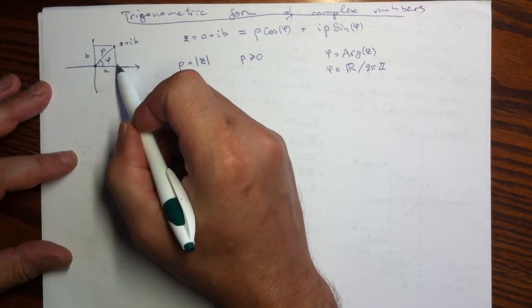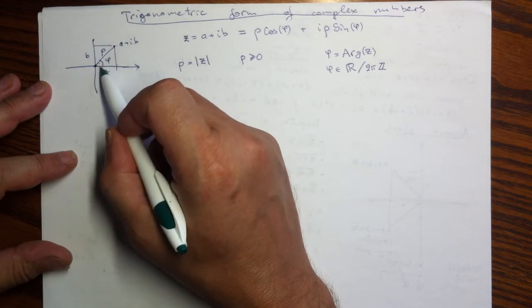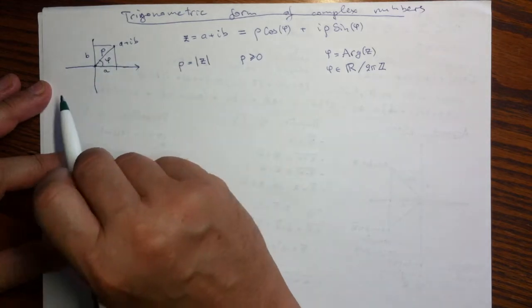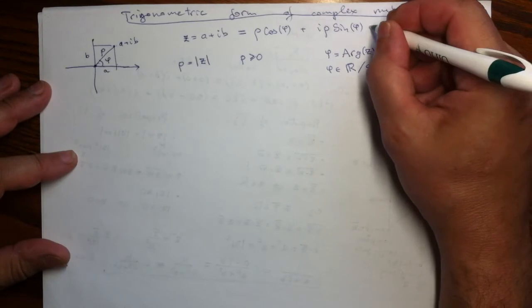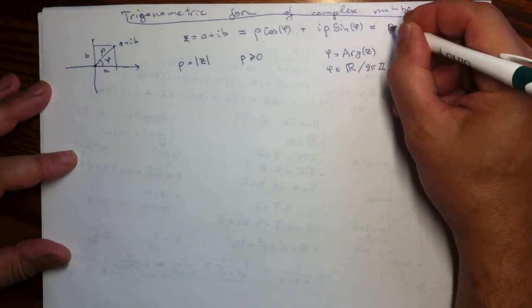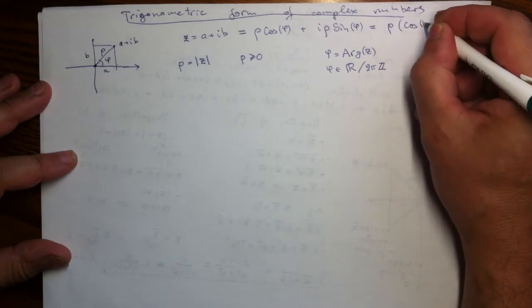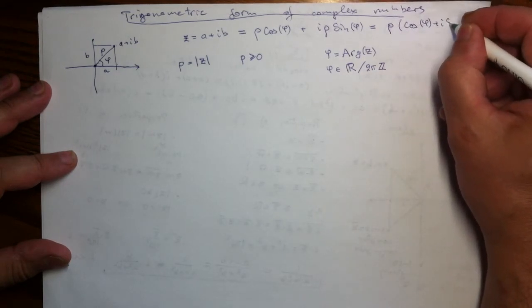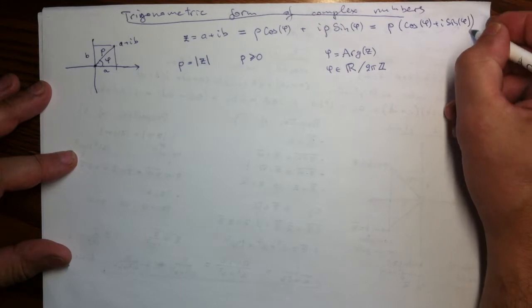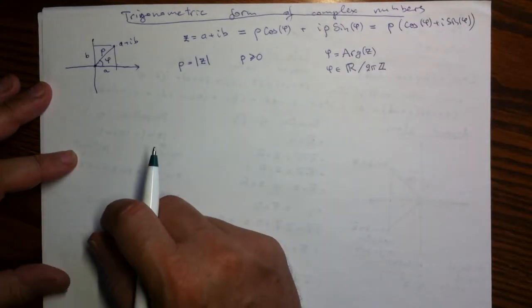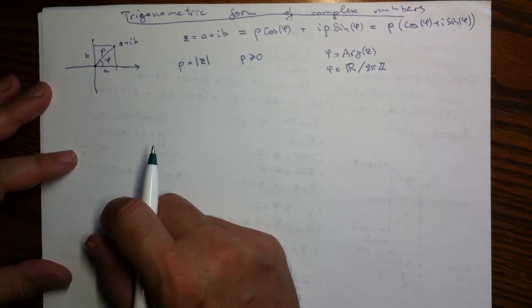This side in the triangle with the angle phi and the hypotenuse 1 is called the sine. And finally we can rewrite it into a product of rho and then the sum of cos of phi and i sine of phi. So that is what is called a trigonometric form.